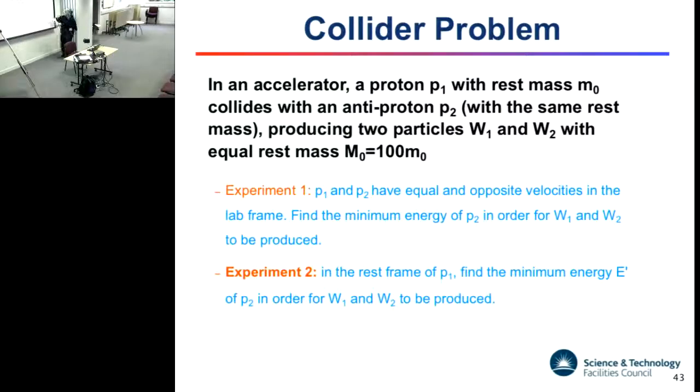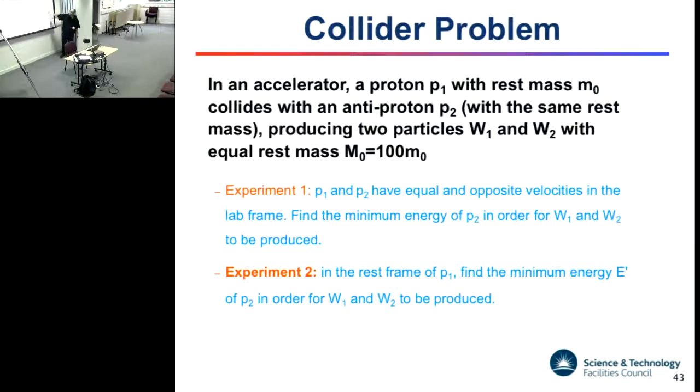So in experiment 1, P1 and P2 have equal and opposite velocities in the lab frame, whereas in experiment 2, one's at rest and the other comes in and hits it.